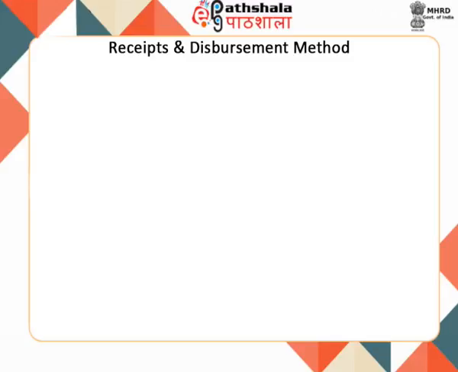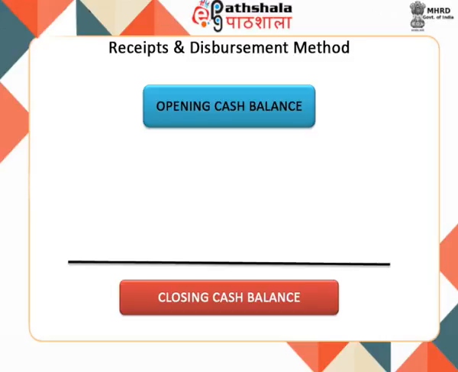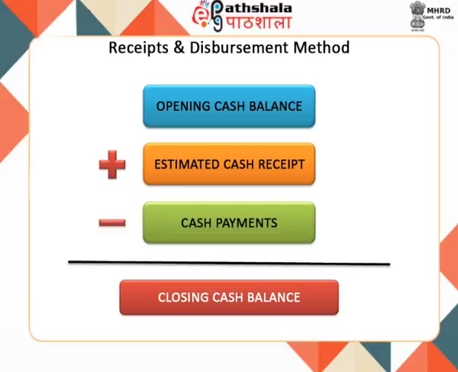In this method, the balance of cash at the end of a month, quarter, or year is found out by adding to the opening cash balance of that month, quarter, or year the estimated cash receipts from various sources and deducting cash payments to various agencies during that month, quarter, or year.